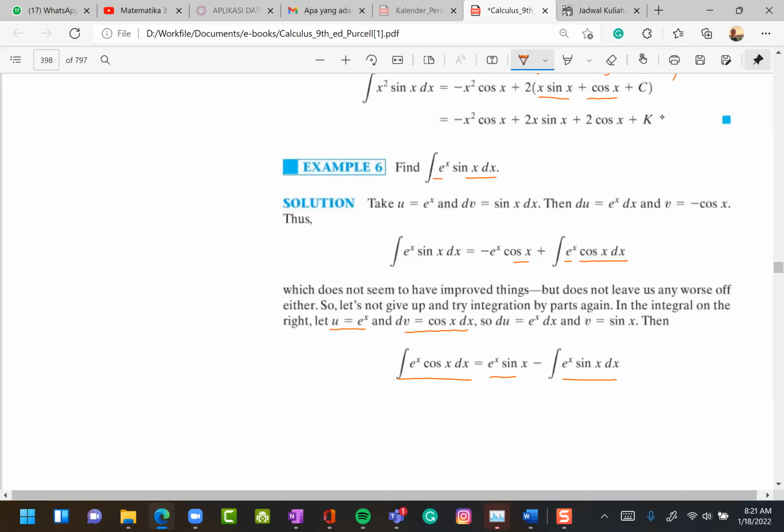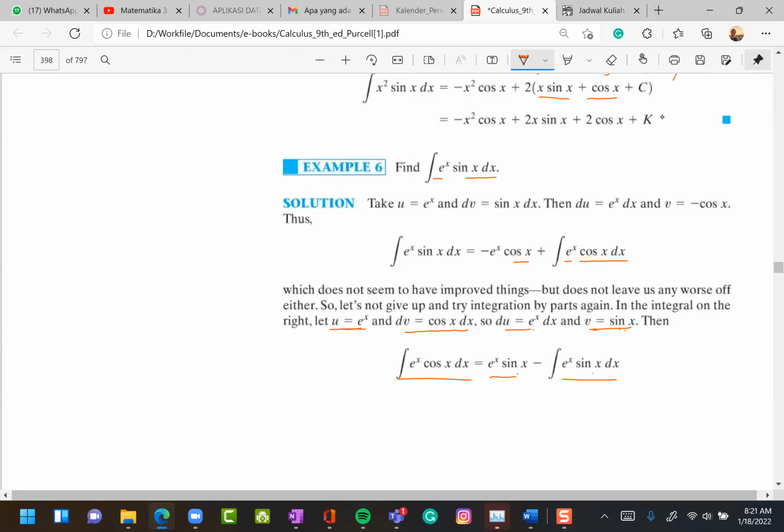So u times v is e to the x sine x. Again, subtract the integral of v du, so sine x e to the x here.